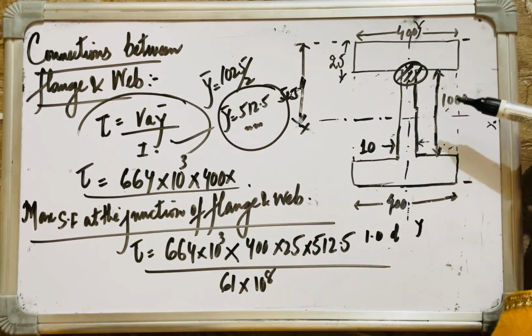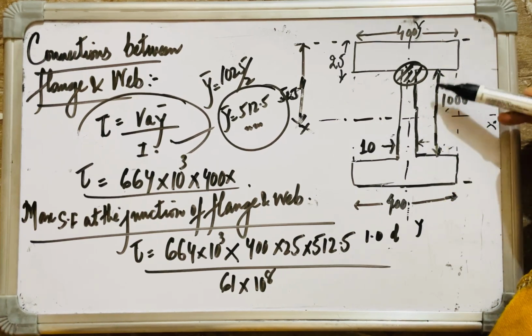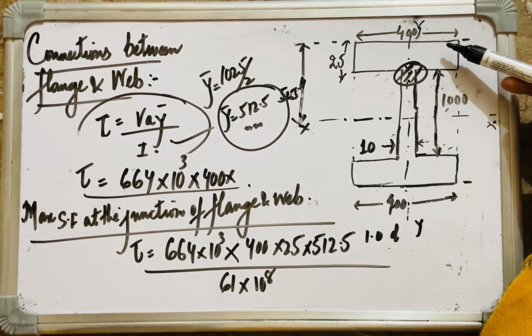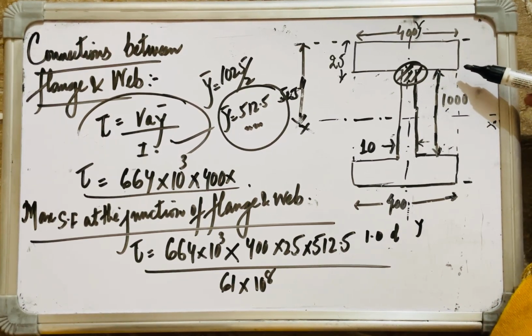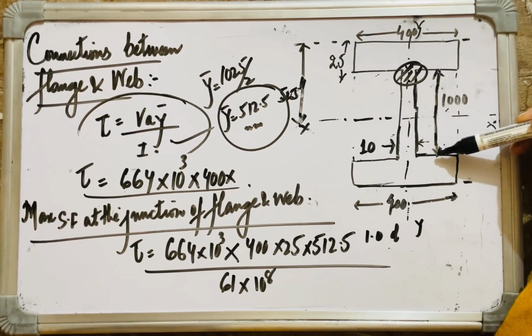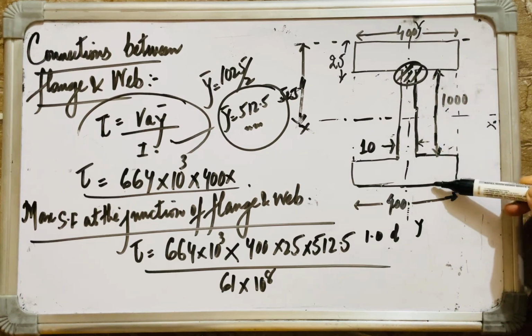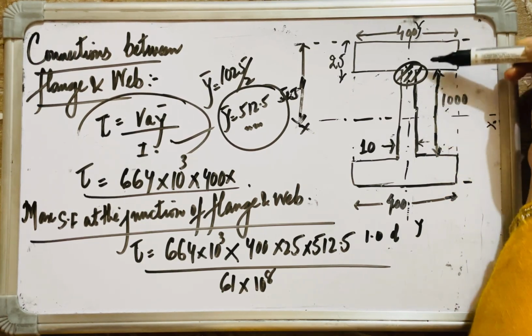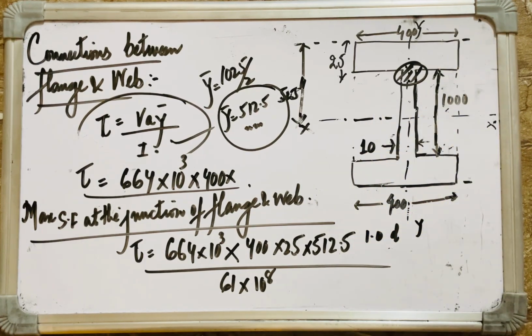That is why we take 1025 and we didn't consider the whole 1050, because we are designing the connections between flange and web, and we are checking for the maximum shear force at the junction of the flange and the web. So we took 1025 divided by 2. I hope it's clear to you.